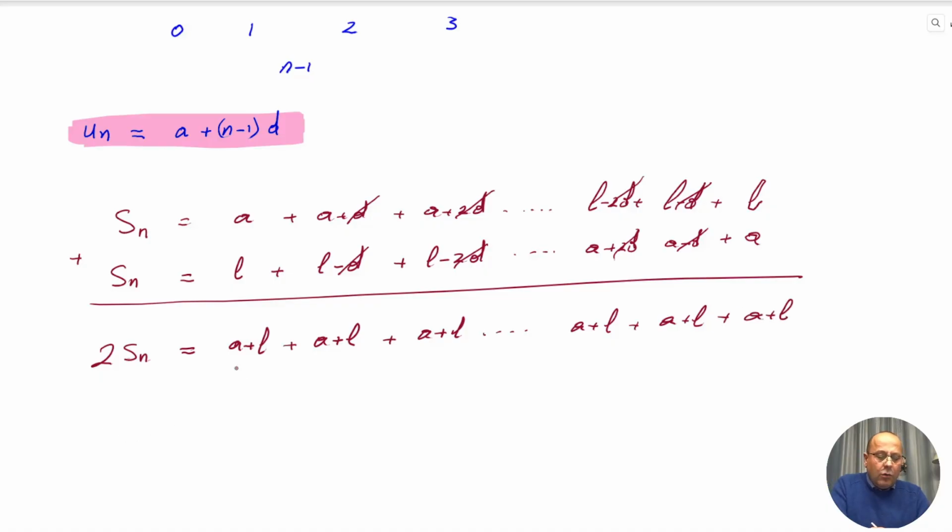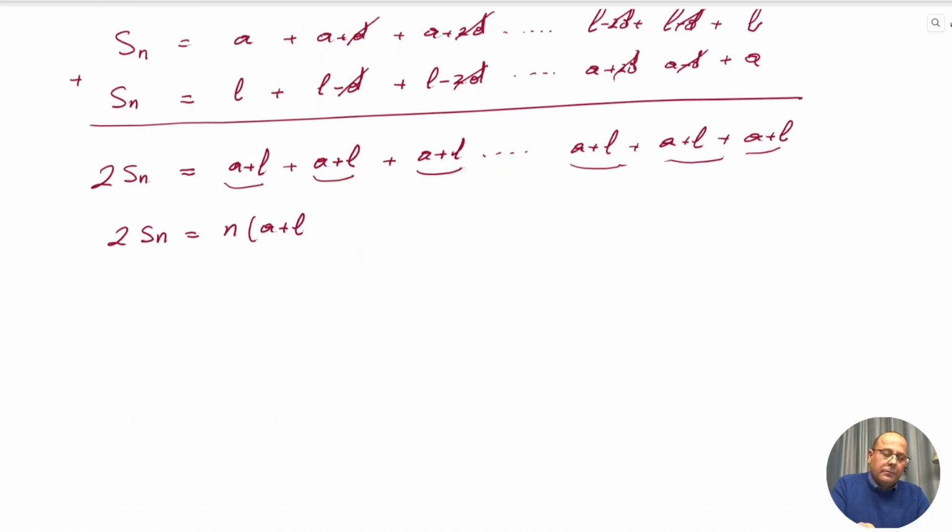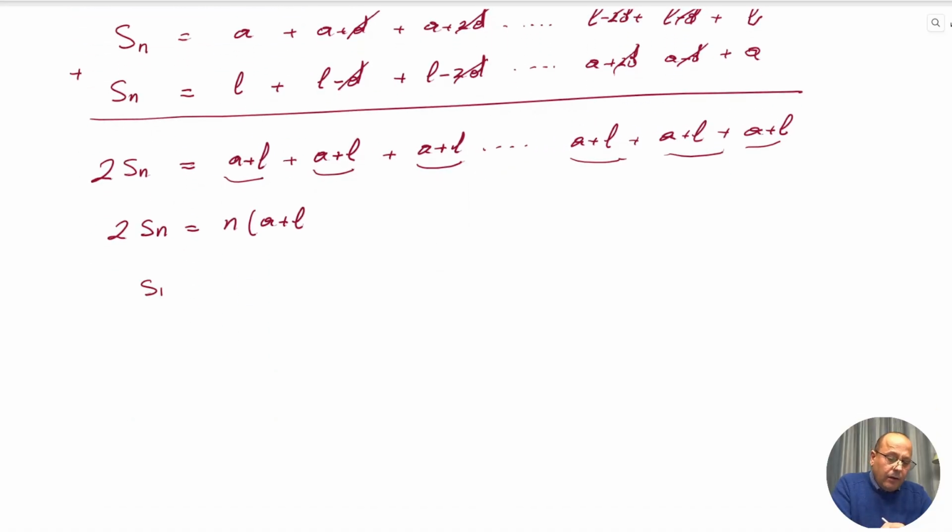If you can see now, we've got n lots of a plus l. So we can write 2Sn is equal to n times a plus l, so Sn is equal to half n times a plus l.